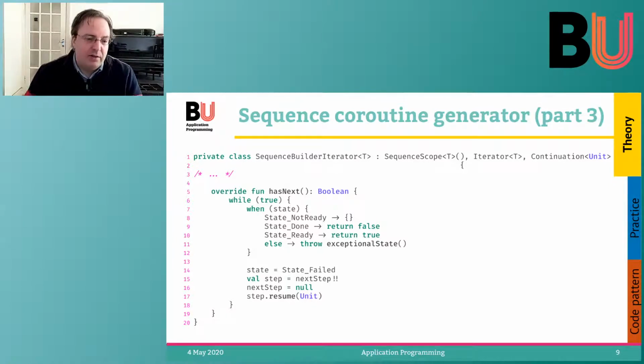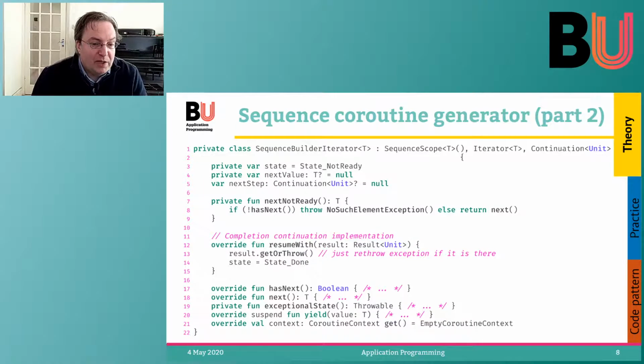It's error handling, so it is also inside the while true. There are some reasons why they do it like that. But basically, what happens then is in line 14, the state says, okay, it's failed. We set the current step value to whatever is the next step property.